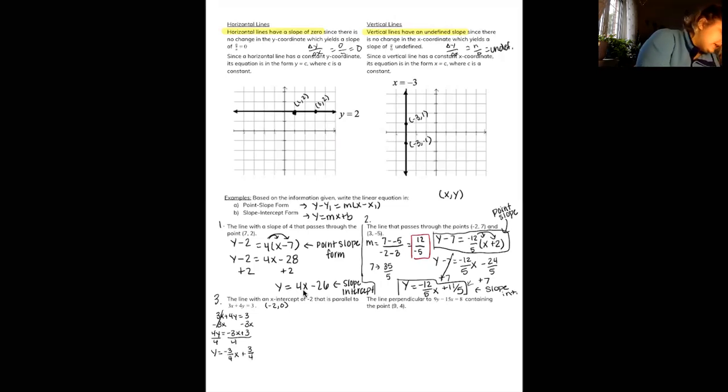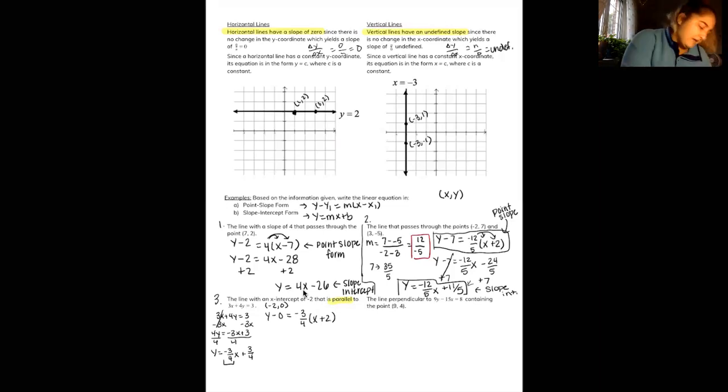And so it says in the problem parallel. So it tells us that the slope needs to be the same. So the slope of our new line is also going to be negative 3 over 4. So I'm going to plug in here y minus 0 equals negative 3 over 4 times x plus 2.